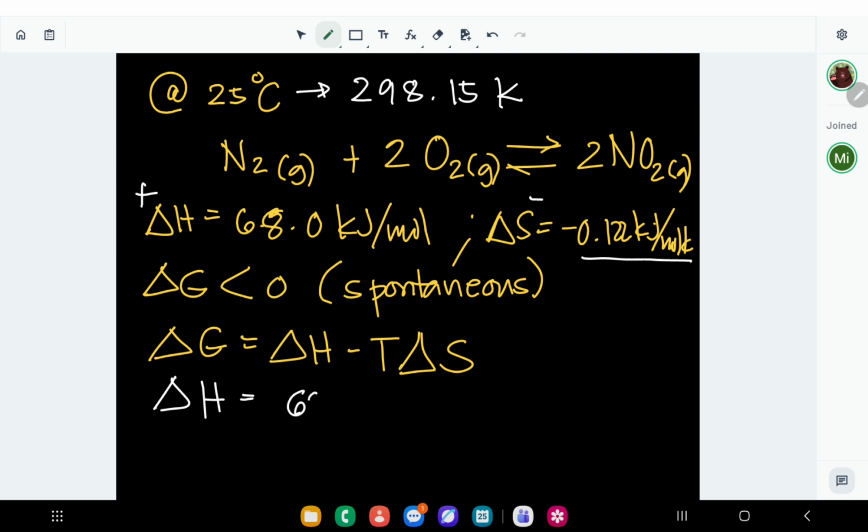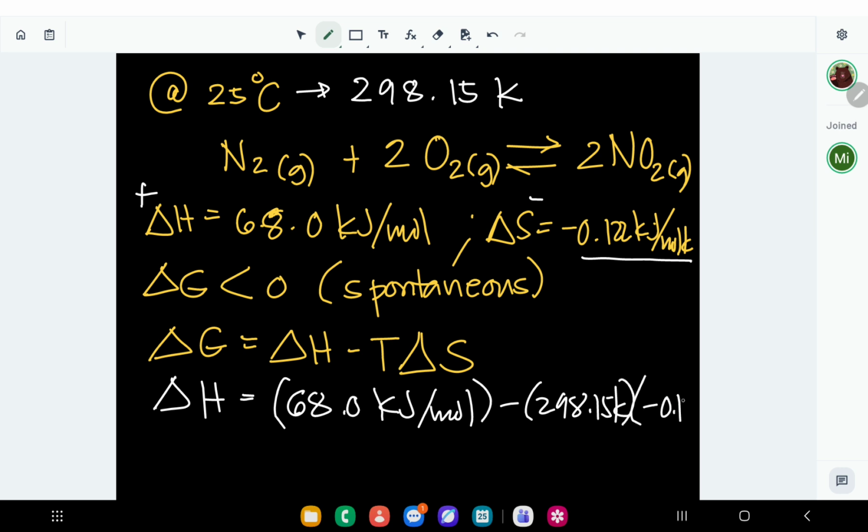So delta H is 68.0 kilojoules per mole minus the temperature, which is 298.15 Kelvin, times negative 0.12 kilojoules per mole Kelvin. So delta G, sorry. Try to solve it.